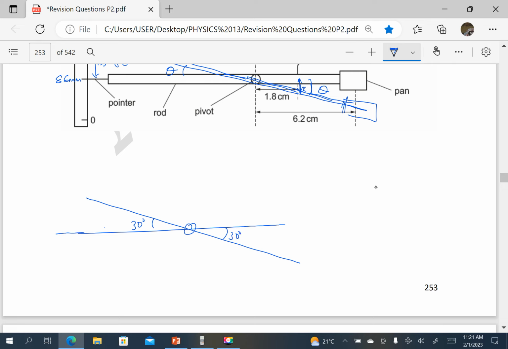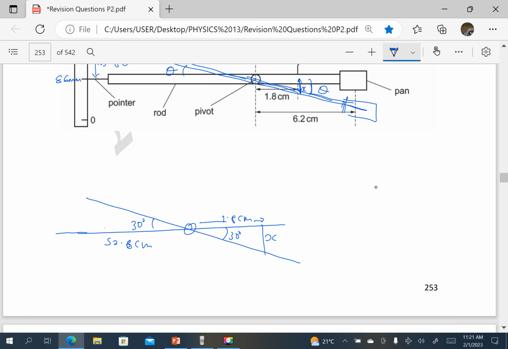But this distance was 52.6 centimeters. And we had our spring around here, where this distance was 1.8 centimeters up to there. So we want this distance, which is equivalent to the increase in length of the spring.